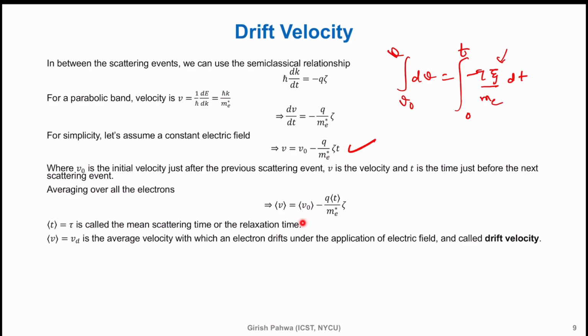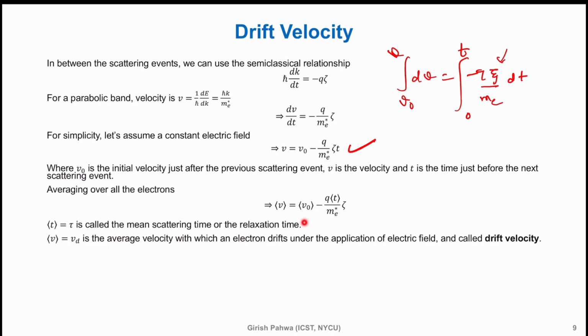So this is the velocity that is very important for us: average velocity, not the actual velocity. Actual velocity is only possible when you remove all the scattering, when we talk about something like ballistic transport. Ballistic transport is going like a ballistic missile, not encountering any scattering. Then the theory that we talked about is valid only in special circumstances.